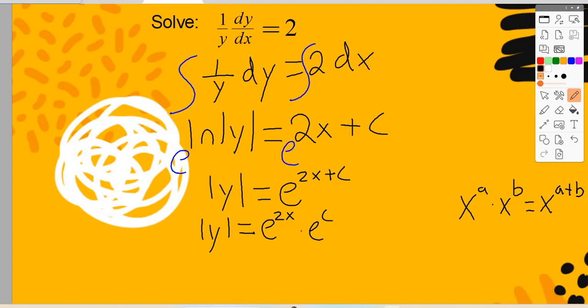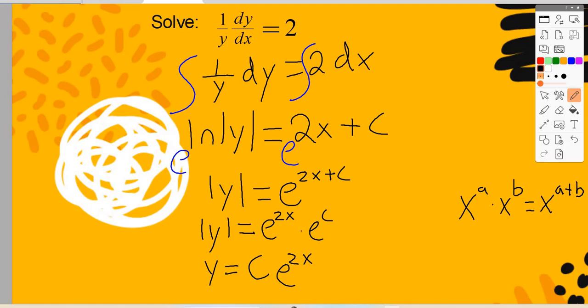Now if c is a constant, what will e to the c be? Also a constant, yes? So we're just going to write that as a c. And remember that in order to drop absolute values, I would have to put a plus or minus.